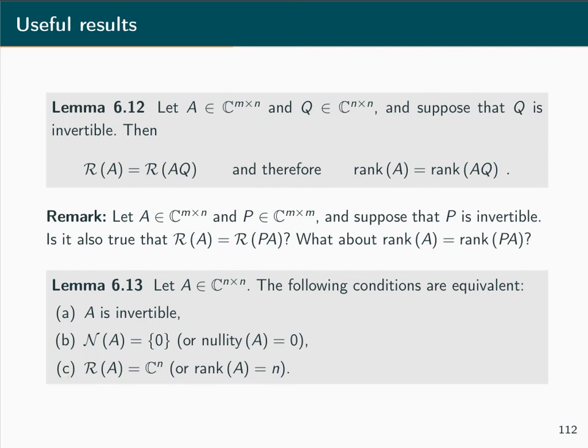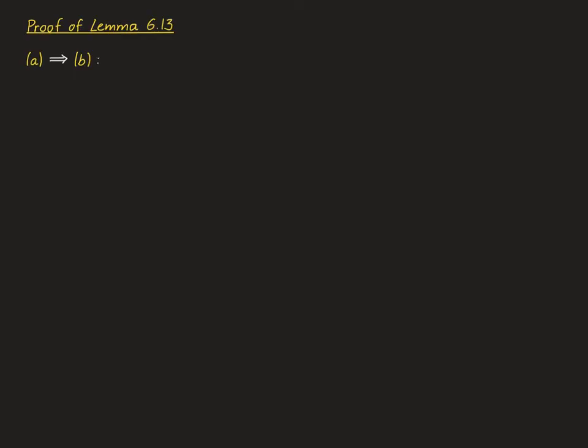And C, the range space of A equals the entire space C^n, or alternatively the rank of A equals n. We will prove lemma 6.13 by showing that A implies B, B implies C, and finally C implies A.